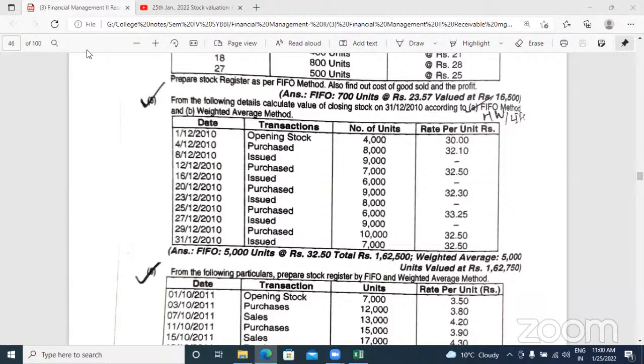Yes, students, you are doing it. Which date have you reached? 25. Very good. So I believe 2-3 minutes more and then your sum is over. Good, good. Do it.